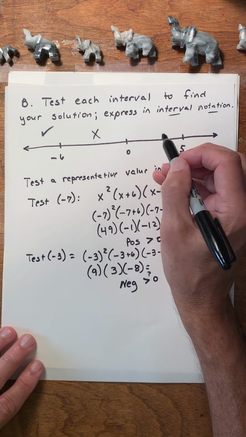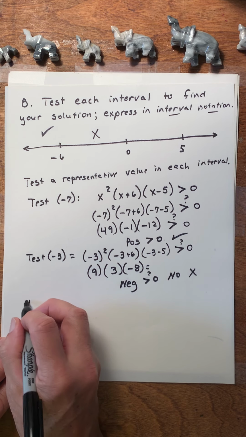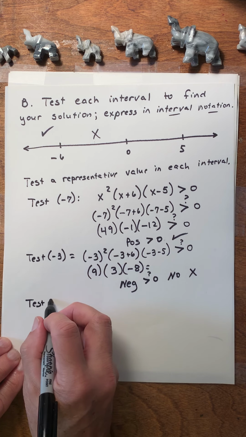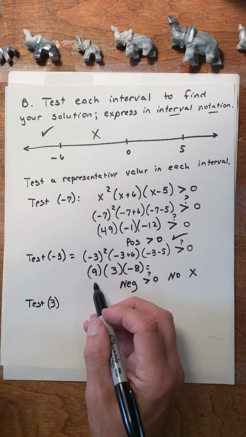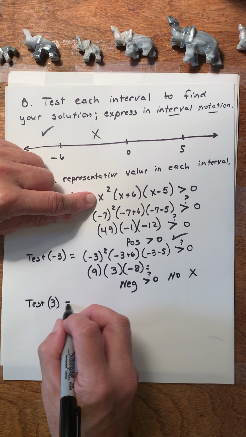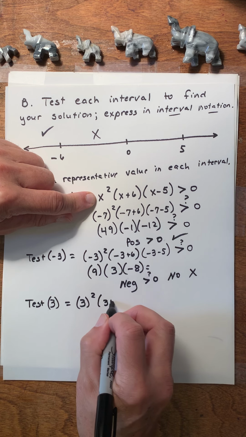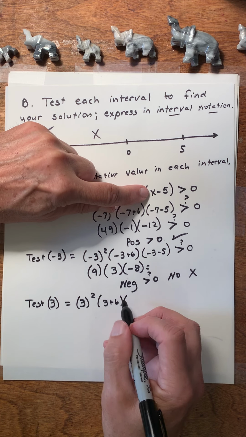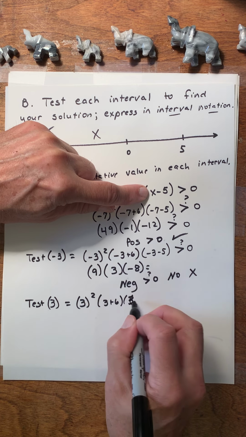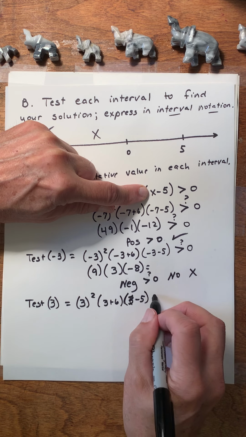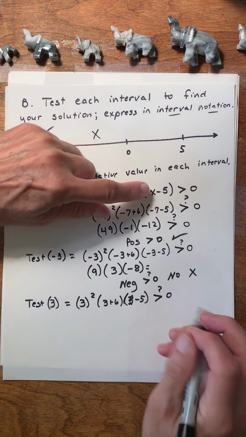Let's try this section. Let's try positive 3. Everywhere I have an x, I'm going to put a 3. Three minus 5. Question, is that going to be greater than 0? I don't know.